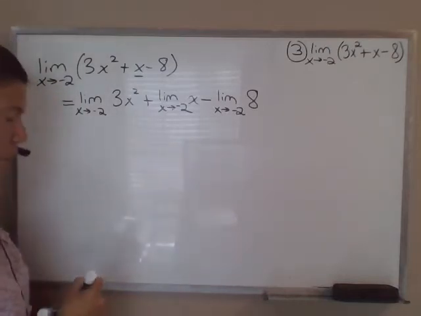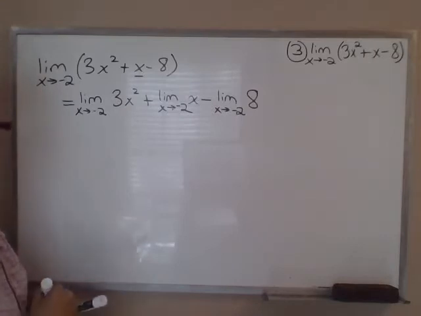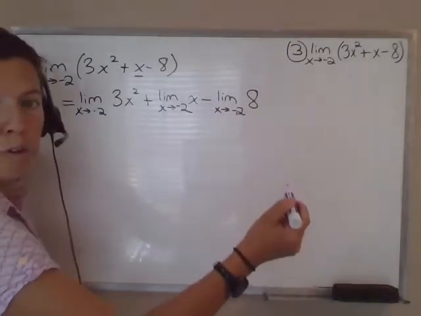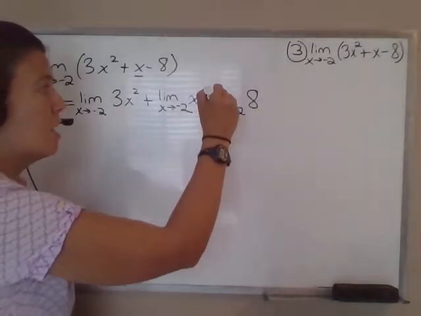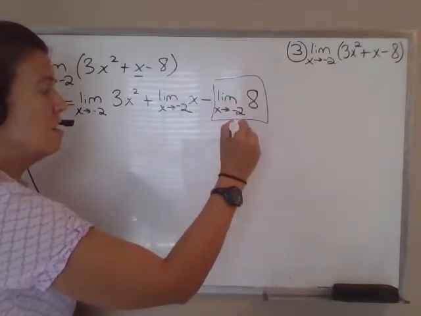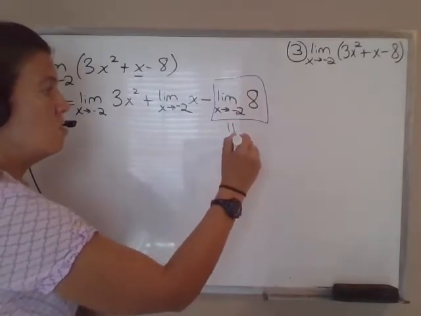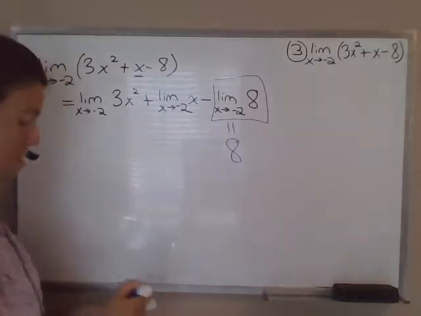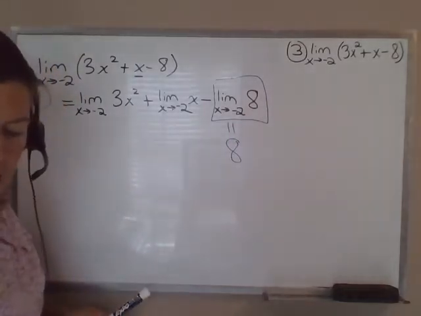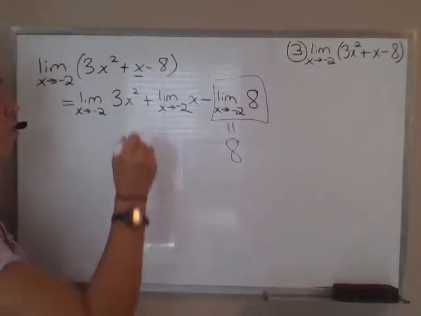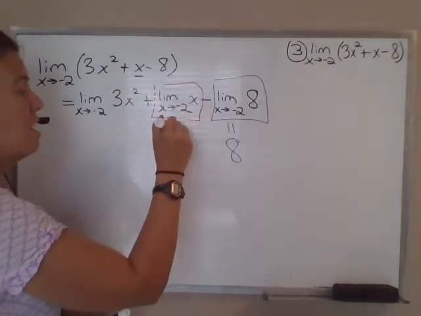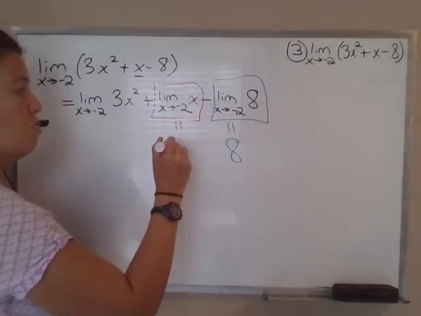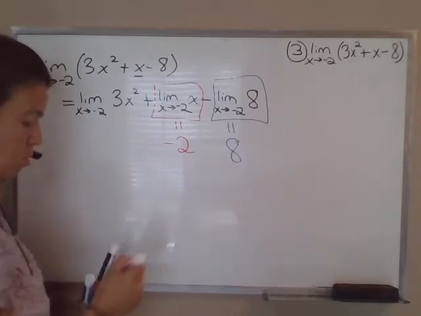A couple of these we can evaluate right now from those properties we just discussed. Right here, you've got the limit of a constant, and so that's always just equal to the constant, in this case 8. Right here, you've got the limit of just x, and so that's always equal to whatever x is approaching, in this case negative 2.